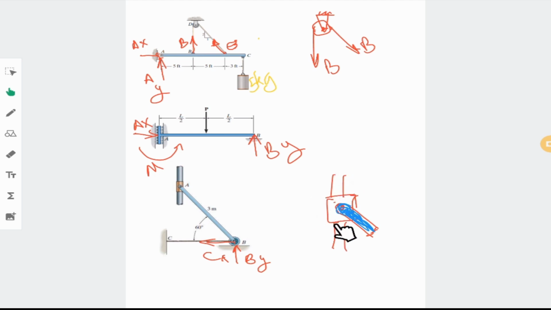It can slide in this direction, and the only thing that this cannot do is go left and right, and that's why you would have only one single force here named AX. Right now I have 3 unknowns, 3 equations, and I can solve this. In the next video I will try to show you how to deal with 3D problems using the same idea and the same concepts. Thank you.